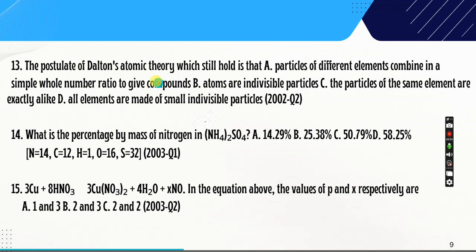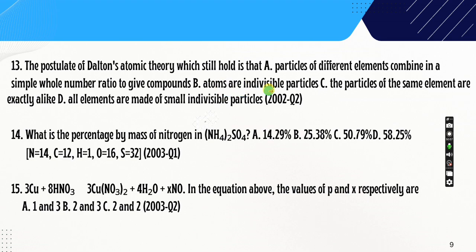So the next question is saying that the postulate of Dalton's atomic theory that still holds is dash. Dalton's atomic theory is one of the theories that was first postulated for the atom. It states that atom is the smallest indivisible particle of a substance, and some other laws. But due to nuclear chemistry, we have been able to see that atom still possesses some other particles.